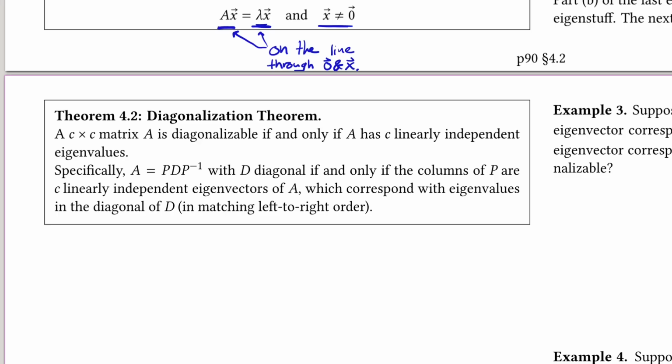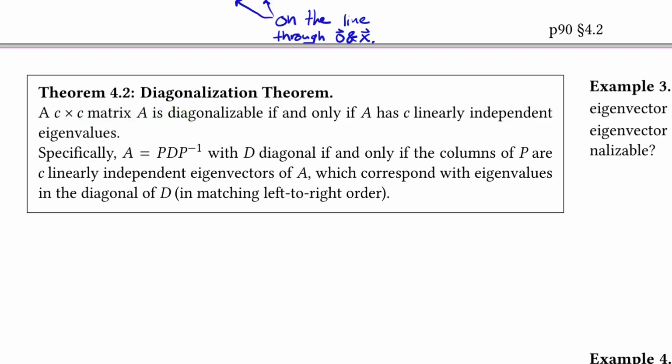So this says a square matrix A is diagonalizable if and only if A has n linearly independent eigenvectors, and n is the number of rows and columns of A. And specifically, A is diagonalizable with P and D, like so, if and only if the columns of P are n different linearly independent eigenvectors of A, which correspond with eigenvalues in the diagonal of D in matching left to right order.